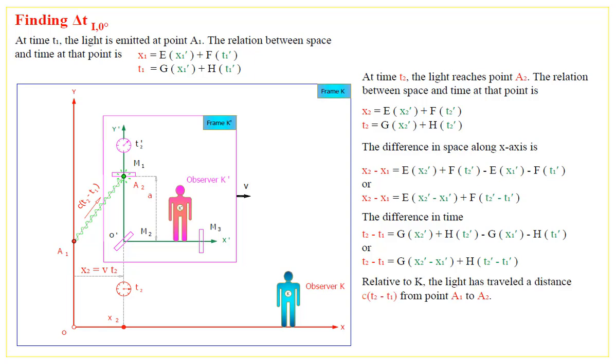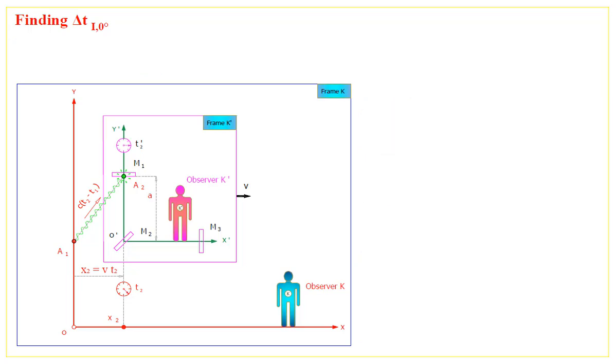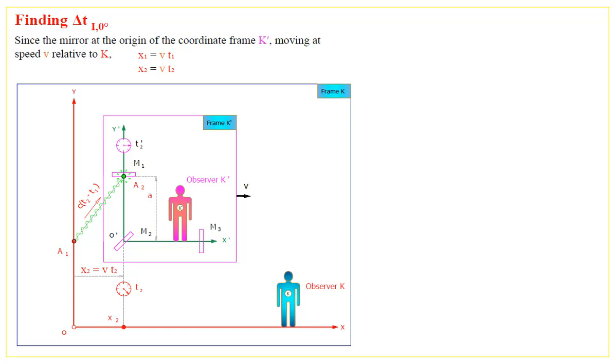Relative to K, the light has traveled a distance c times t2 minus t1 from point A1 to A2. From the geometry of triangle A1, A2, M2. Since the mirror at the origin of the coordinate frame K' is moving at speed v relative to K. Subtracting the first equation from the second.